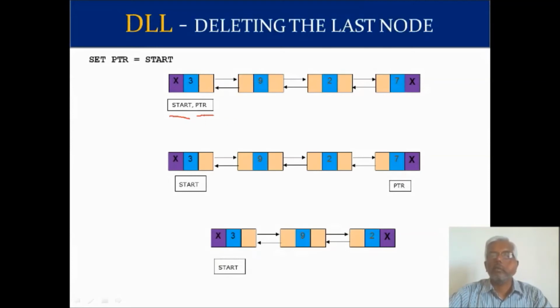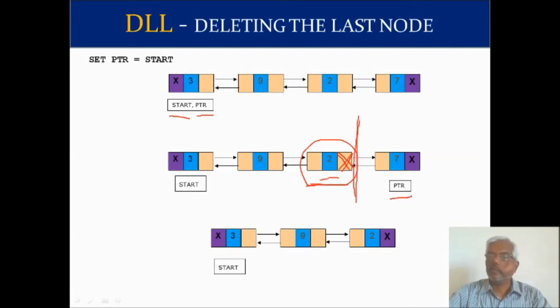Now we are moving this ptr to the end of the doubly linked list. Why are we moving this pointer to the last node? Because we are going to delete the last node, the node just prior to this last node, whose next should be null. Then only the list will end here.